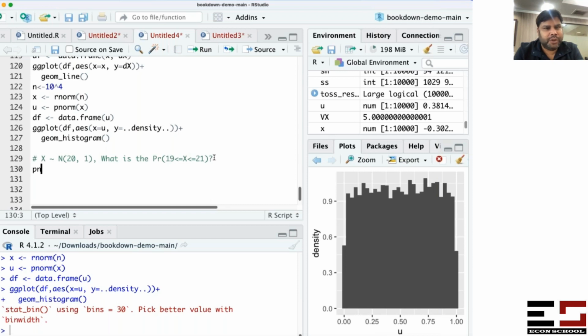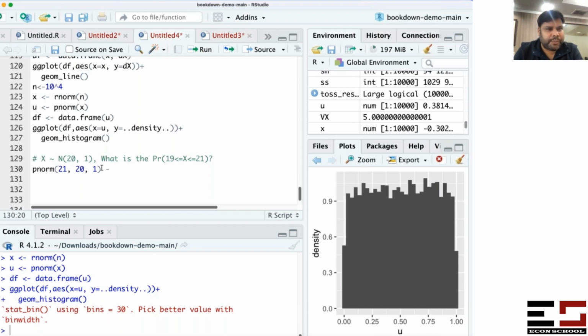Let's just use pnorm. pnorm(21), with mean 20 and standard deviation 1, will give you the probability that the normal random variable takes a value less than or equal to 21.